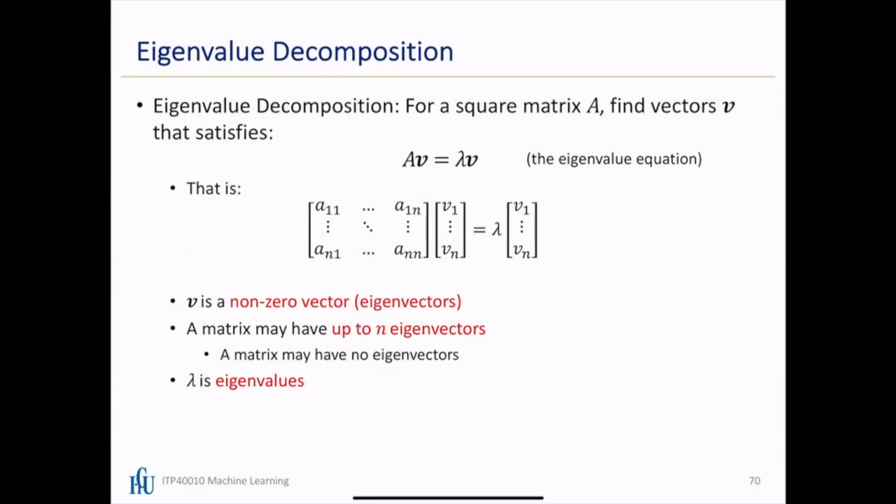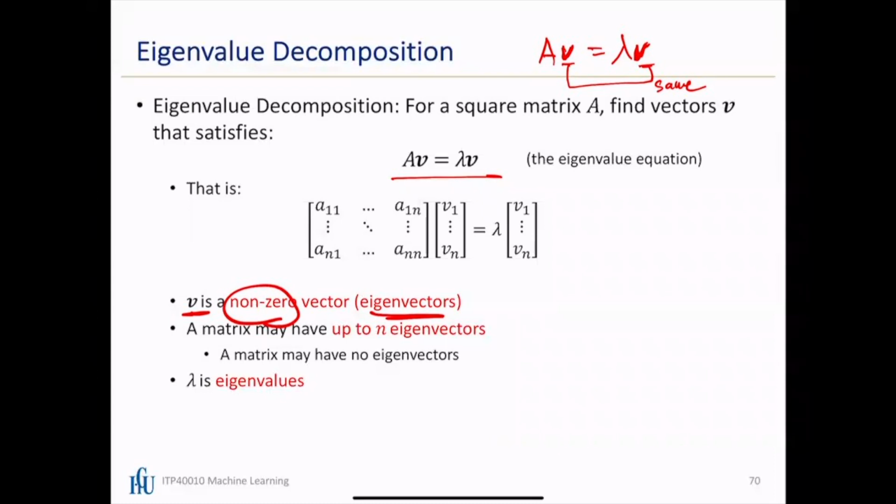The idea can be written in math this way. You have an original matrix A, and you have an eigenvector B. If you multiply A and B, it becomes a scalar value lambda multiplied by the eigenvector B. Basically these two are the same. Here B is the eigenvector, and an important property is that it is non-zero.